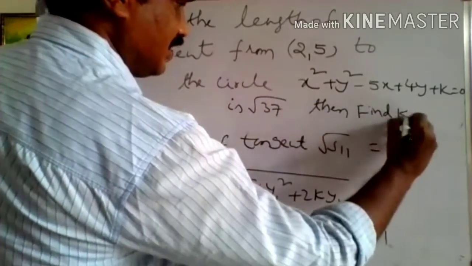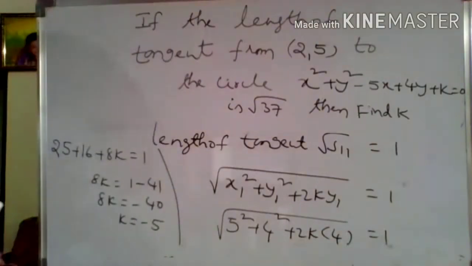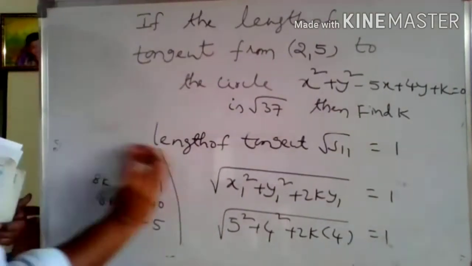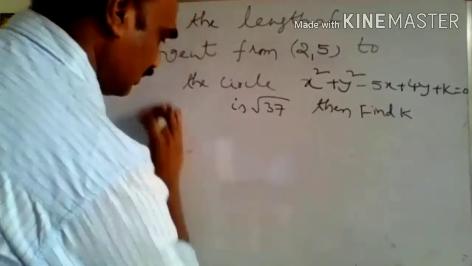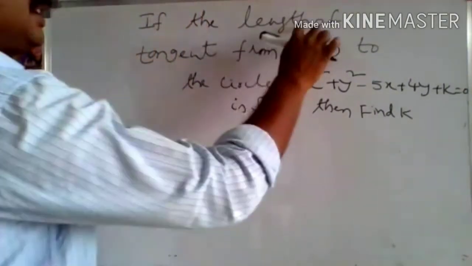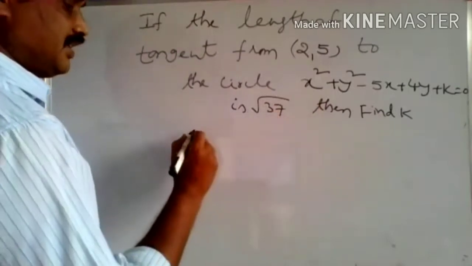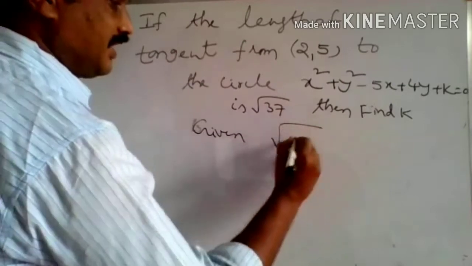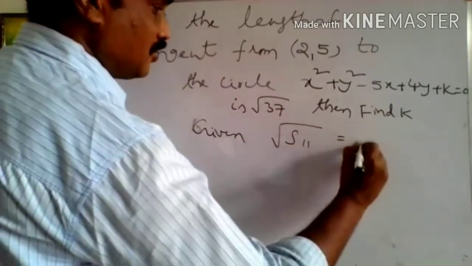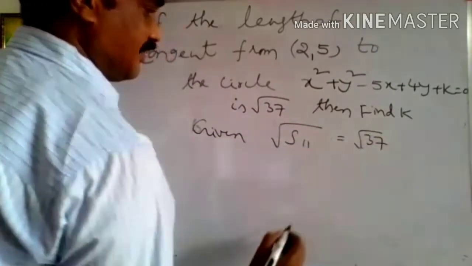Similar model. Here the given length of tangent is √37, and the length of tangent formula is √S11. So √S11 = √37.